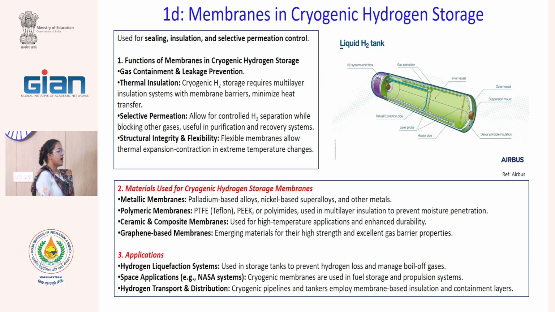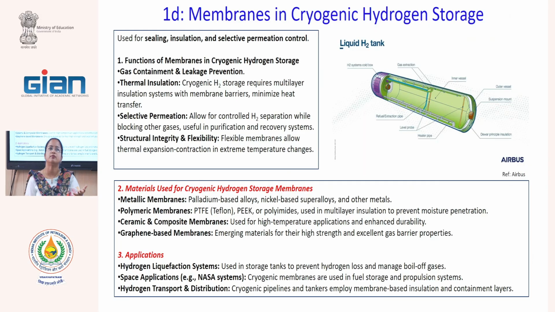Now, let us see, when beginning this lecture, I told you that when hydrogen is stored in molecular form, we have physical, chemical and membrane-based, three distinct categories. But membrane cannot be used in only these categories. It is not so. Membrane can be used in physical storage and chemical storage also.